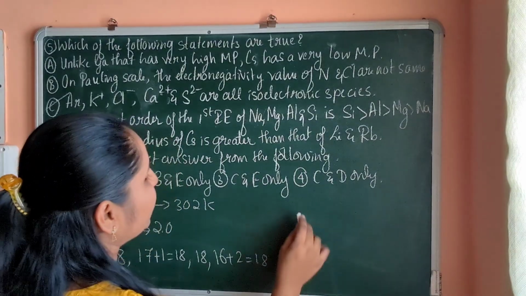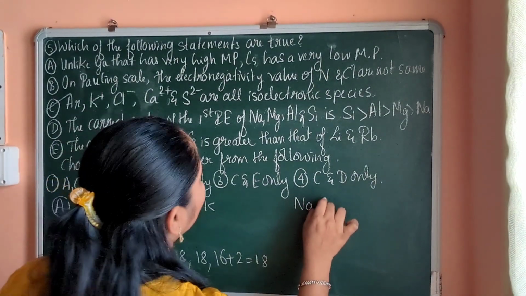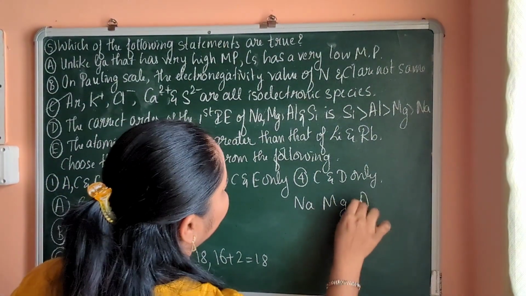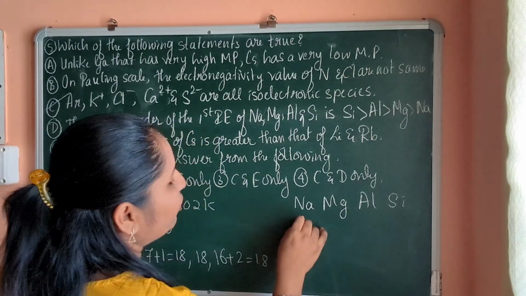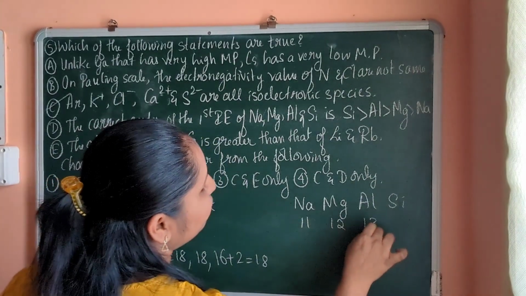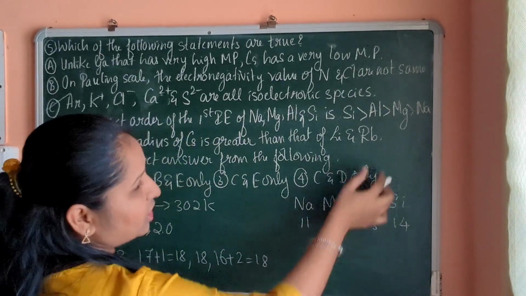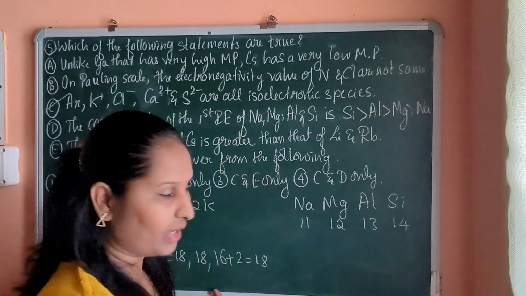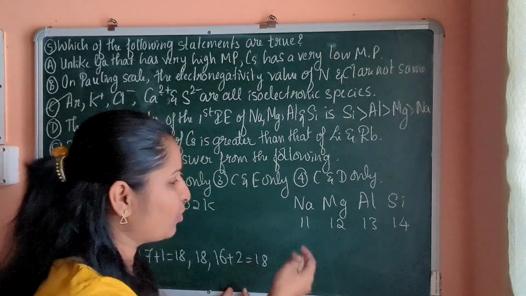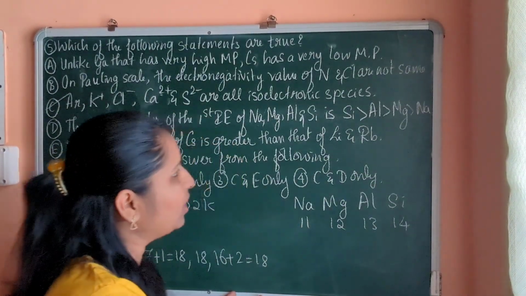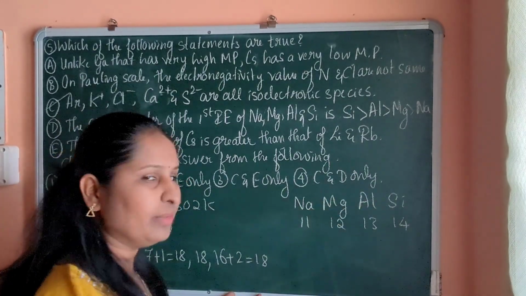Here they have given sodium, magnesium, aluminium, silicon, with atomic numbers 11, 12, 13, 14. Of course this seems correct according to the periodic trend, that moving left to right, silicon is the highest, then aluminium, like that.